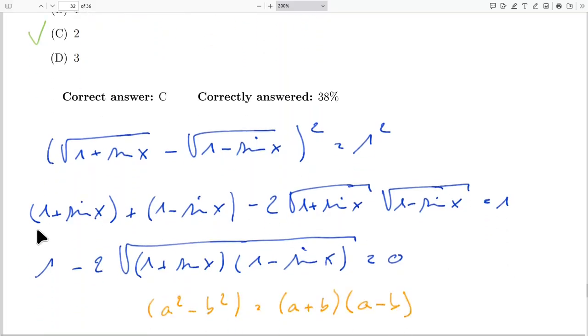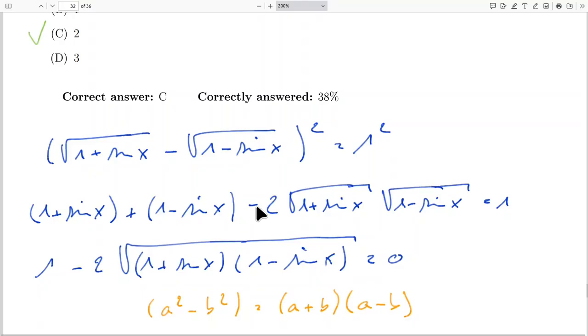So 1 plus 1 is 2, and then you have this one here, so to the other side, 2 minus 1 gives you 1, and sine x minus sine x just goes away.